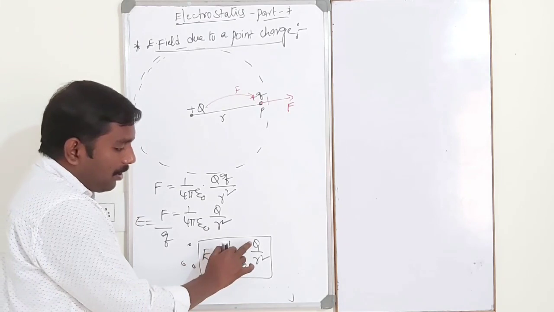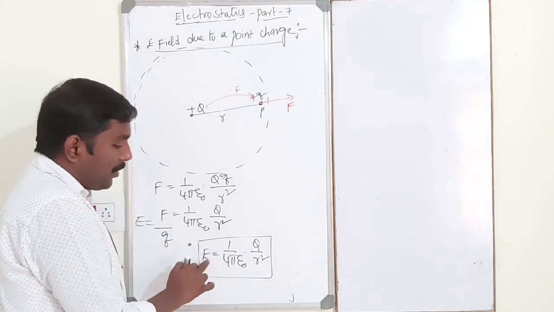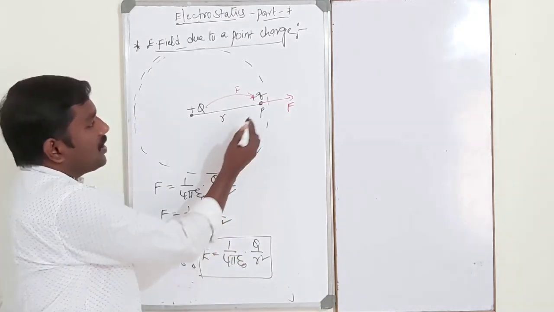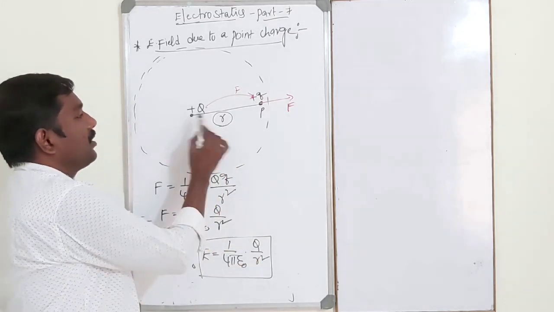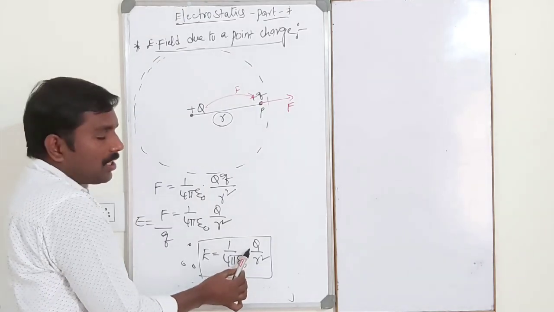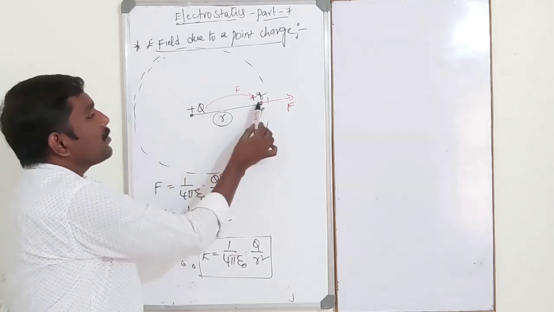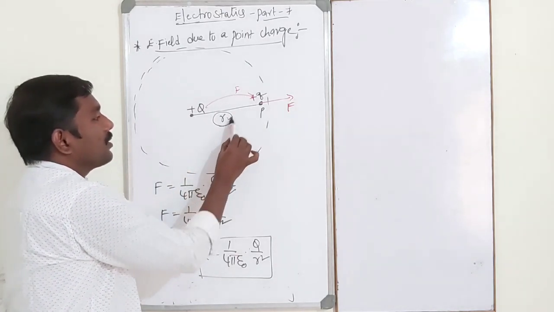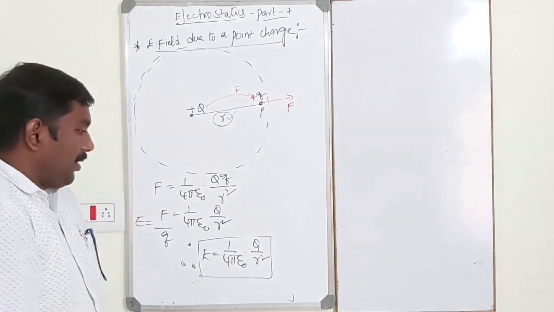Electric field depends upon the source charge and also on the distance between the source charge and the test charge. That is r.